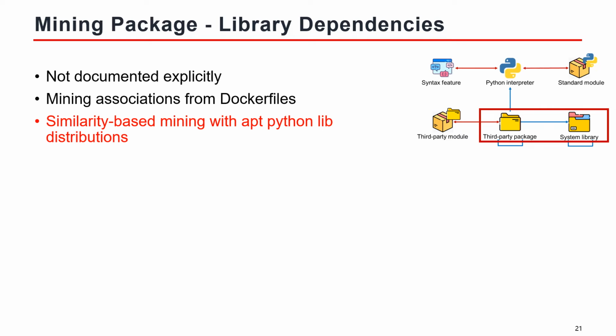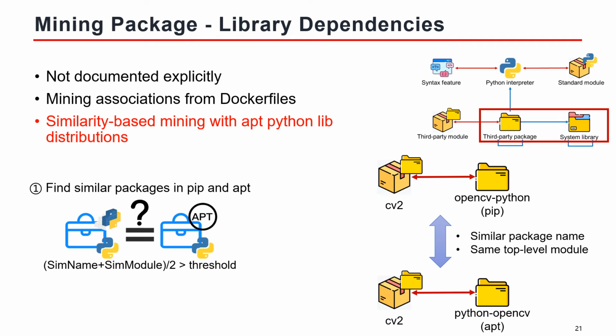Dependencies between system libraries and Python third-party packages are not documented. To obtain more comprehensive knowledge of what system libraries are required by a certain package, we propose a similarity-based mining method in addition to the association rule mining method proposed by Dockerizeme. We notice that some pip installable third-party packages have similar apt installable distributions with slight differences in their names and structures.